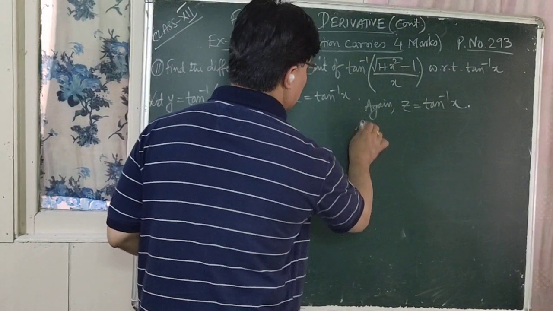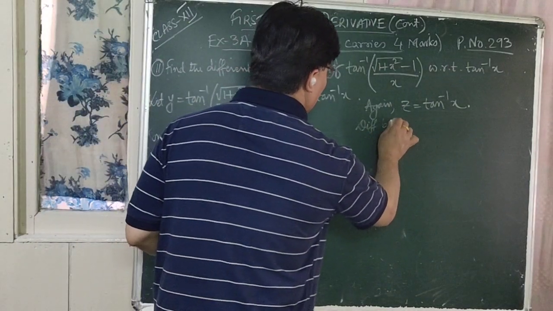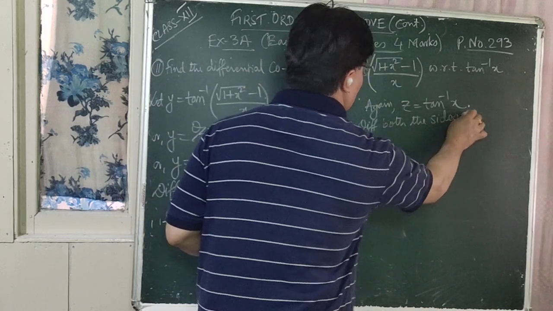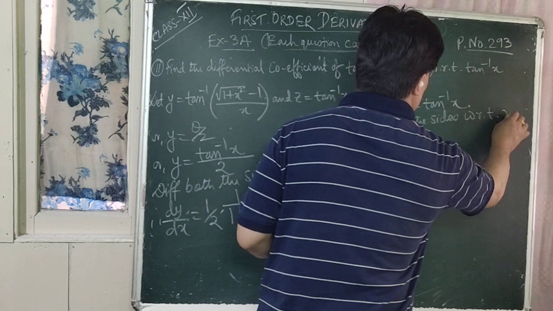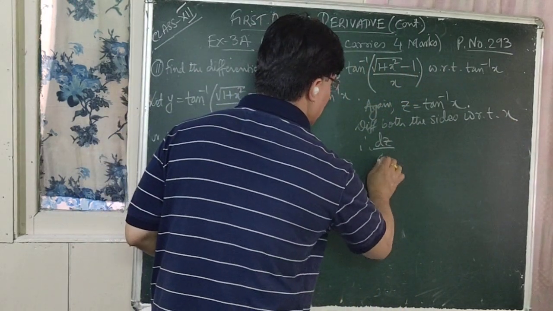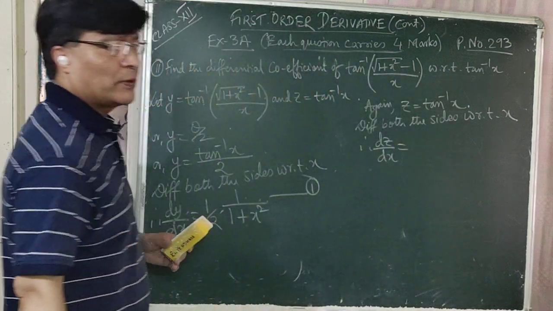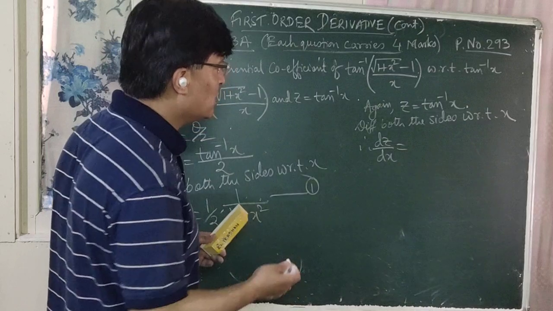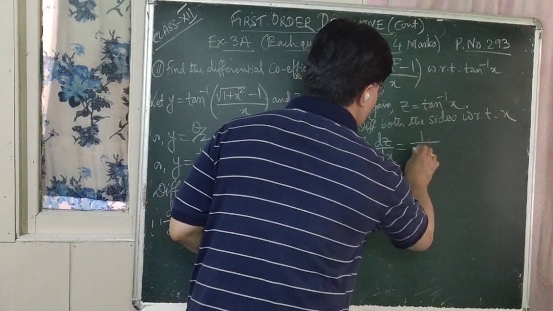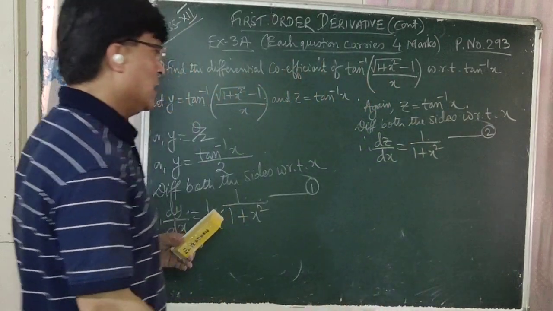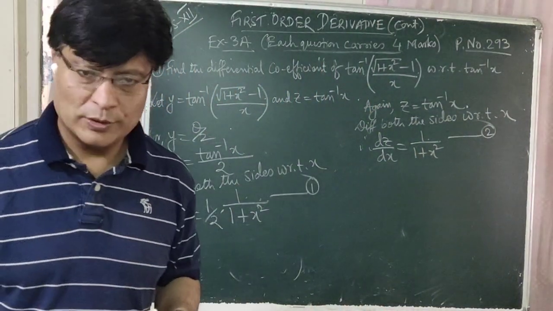Differentiating both the sides with respect to x, therefore dz by dx is equal to, what is the differentiation of tan inverse x with respect to x? You can differentiate it directly. That is 1 upon 1 plus x square. Suppose this is equation number 2, right?